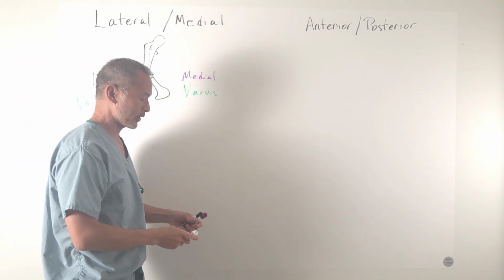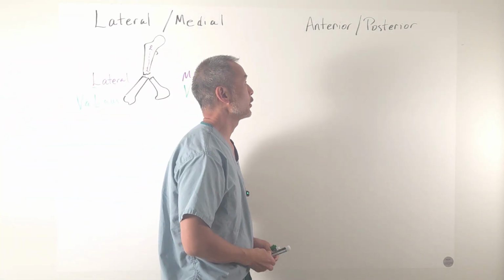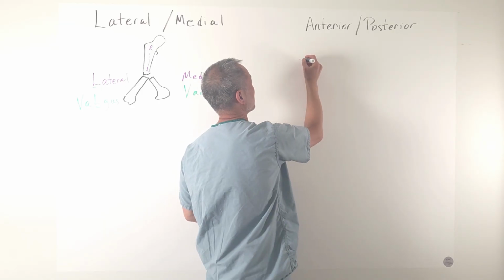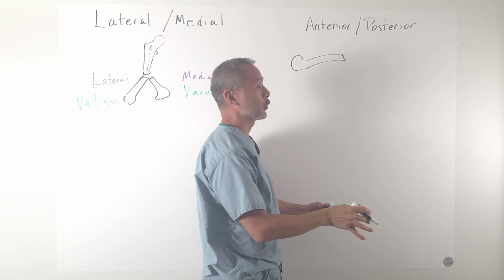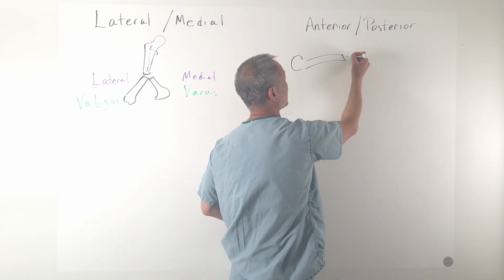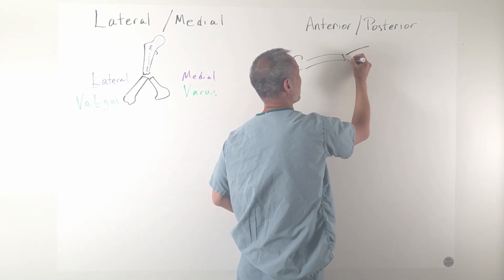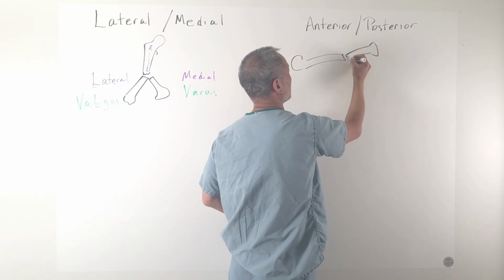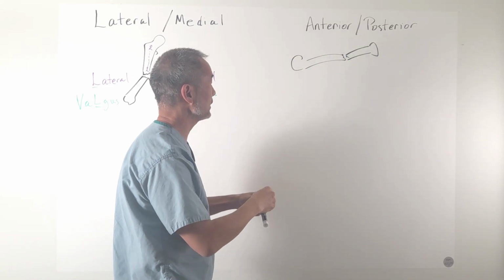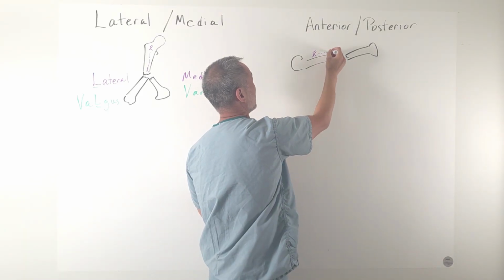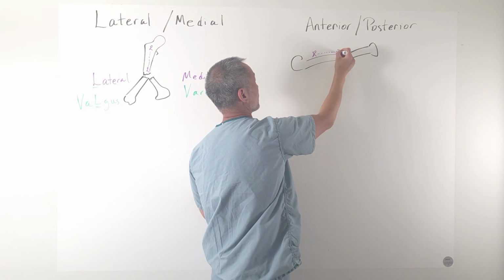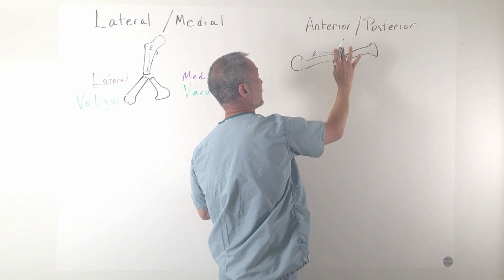Let's go to anterior and posterior. Say we have the same bone, a femur, femoral head, and then we have femur. And which way is it going to angulate? Let's say, for this purpose, it's going to angulate this way. Now, how do we describe that angulation? Same thing. If you are walking along this femur from proximal to distal, which way is this angulated?